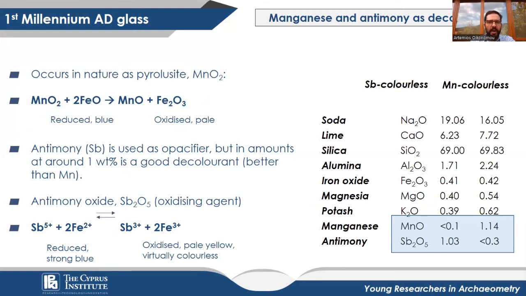Both in glass occur, as you can see here on the right table, at around 1%. Manganese sometimes is also called the glassmaker's soap, just because, in a sense, it cleans the glass from its color, and was first introduced in the 2nd century BC. Antimony acts as a very good decolorant, even better than manganese.